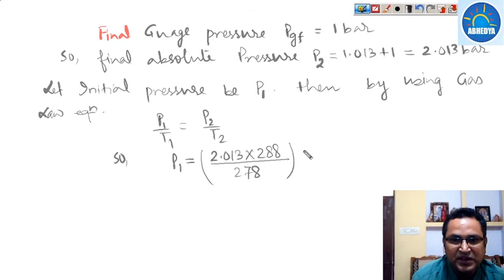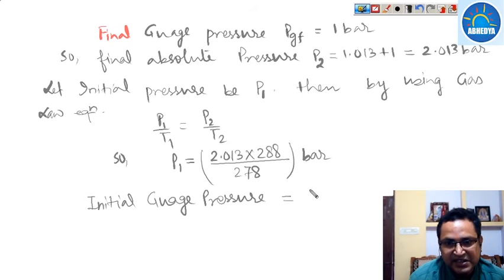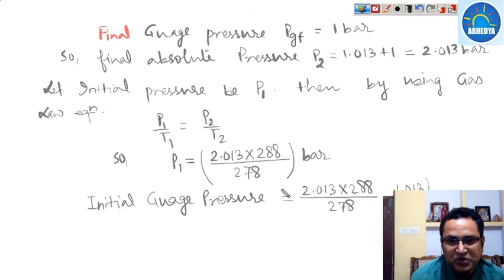So once you calculate, the initial gauge pressure is nothing but 2.013 into 288 upon 278 minus 1.013, the atmospheric pressure. Once you put in the values, you will get 1.01 bar.